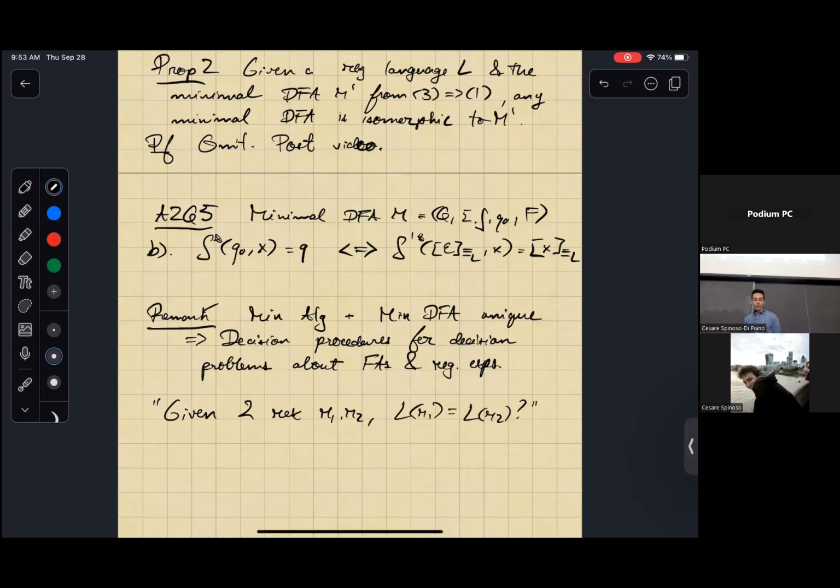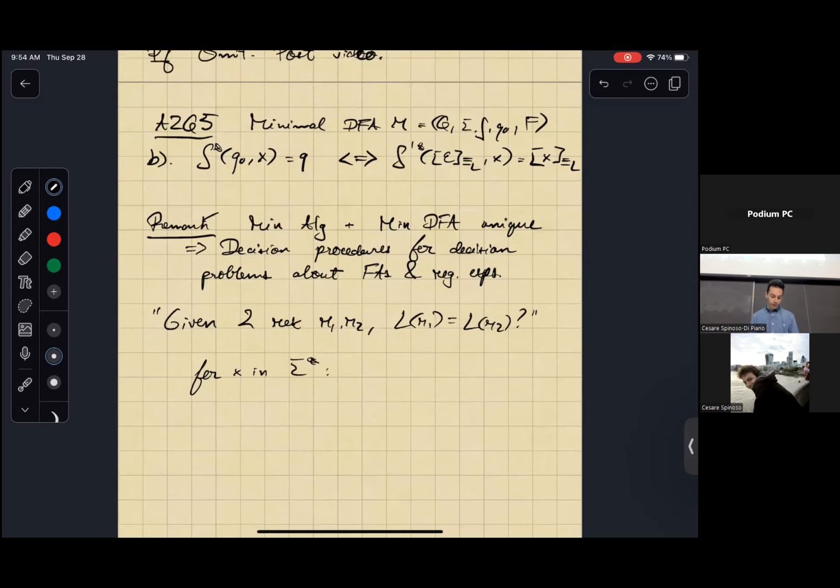Okay, so this decision problem seems at first a bit tricky, right? One naive way of trying to solve this is, let's make a for loop. The for loop goes for x in sigma star, and checks if x matches R1 and R2 at the same time.